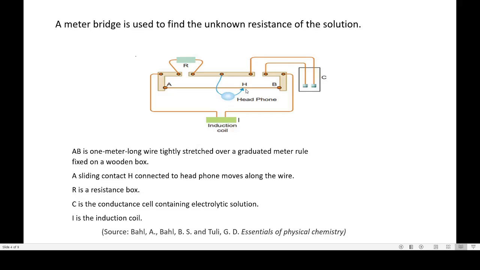So this sliding contact can be moved over the wire. R is the resistance box and C is the conductivity cell dipped in an electrolyte solution taken in a beaker. I is the induction coil for the supply of AC current.